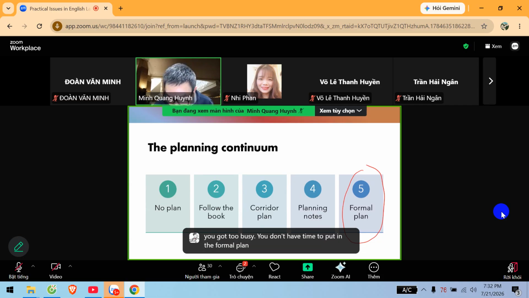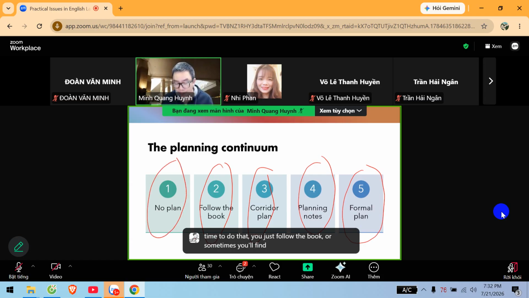So the night before you come to class, you can put together just some notes. And sometimes you are even more busy than that. You don't have time to even put in the notes, so you think of something on your way to class. And when you don't even have time to do that, you just follow the book, or sometimes you find yourself with no plan at all. So these are the different scenarios.